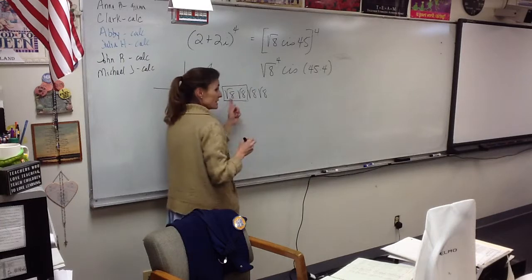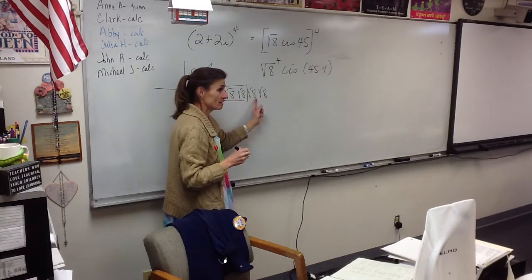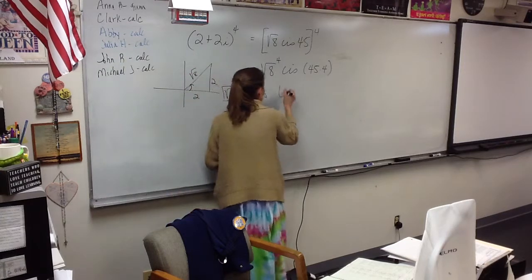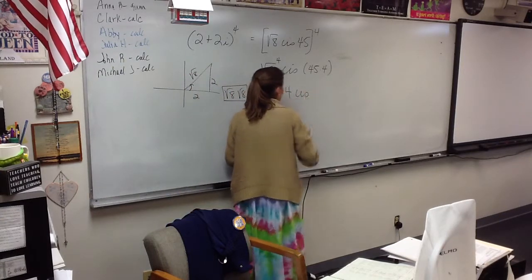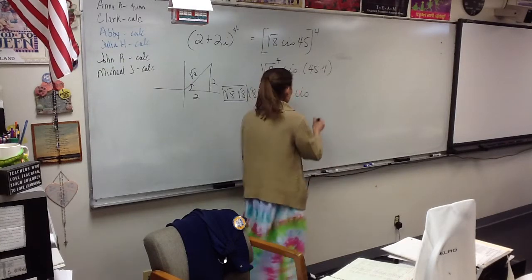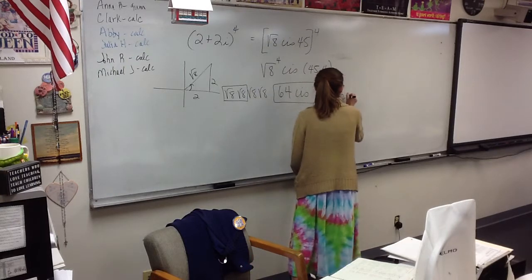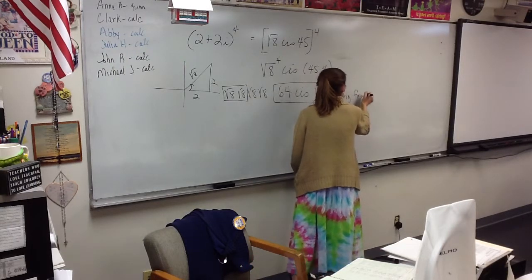These two make an 8, and these two make an 8. So that gives us a total of 64. CIS, 45 times 4 is 180. This is the trigonometric form of the answer.